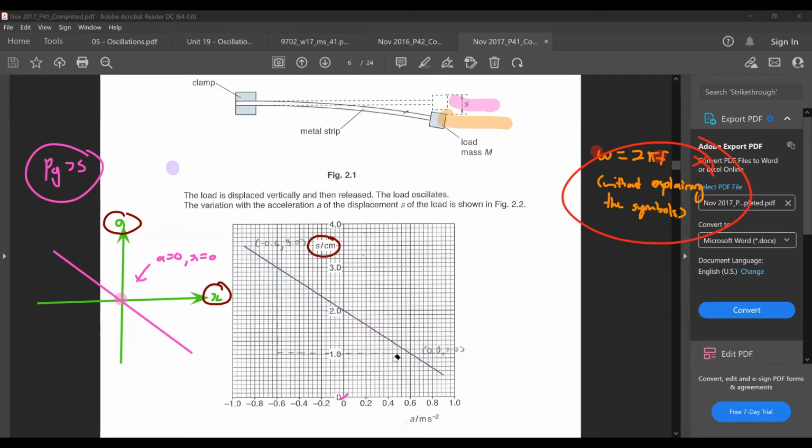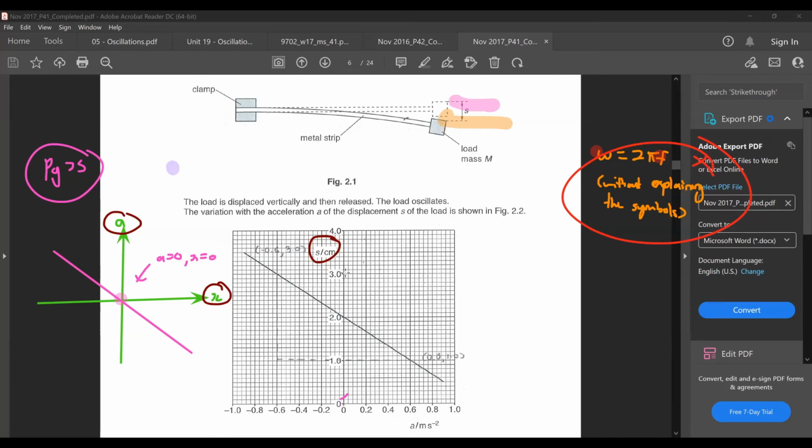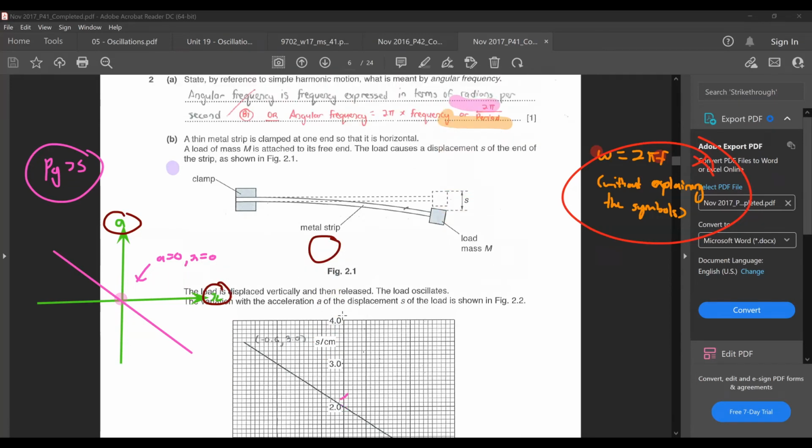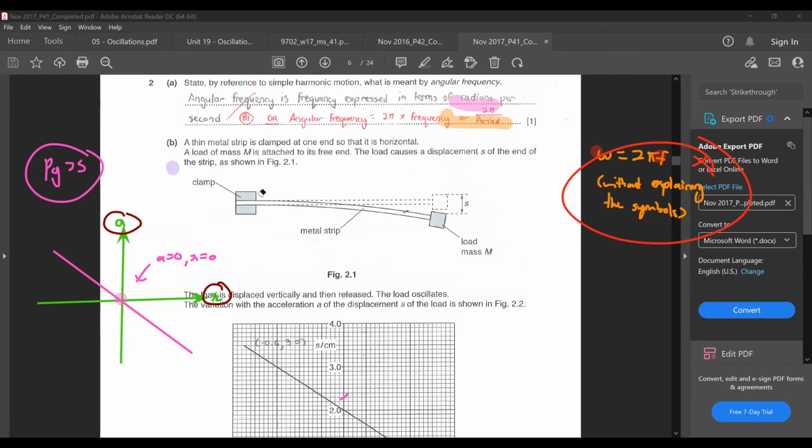You need to read carefully what this displacement really is. If you refer back to your question, your displacement s is defined here. You read one statement before this, they told you that a thin metal strip is clamped at one end so that it's horizontal. So originally, it was supposed to be like this.